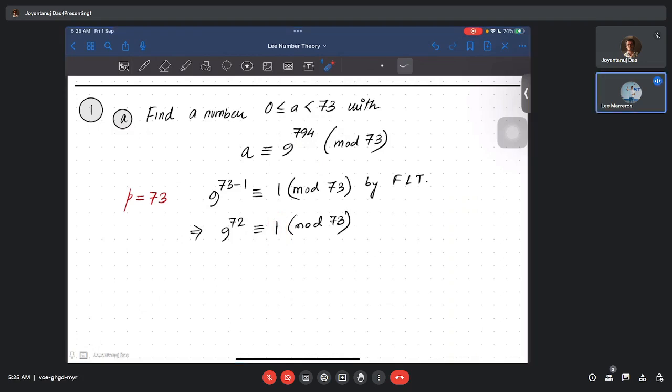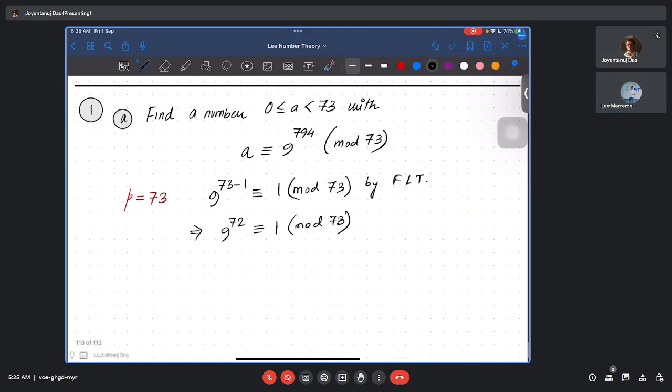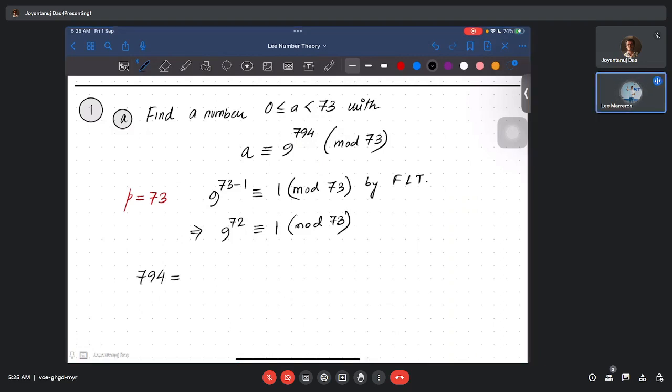Yes, eventually we have to do that, but the thing is we can do it in a single step. So let me tell you. What I know is 794. We can apply the division algorithm to find the quotient and remainder when we divide by 72. So tell me, what will be the quotient and remainder when I divide by 72?